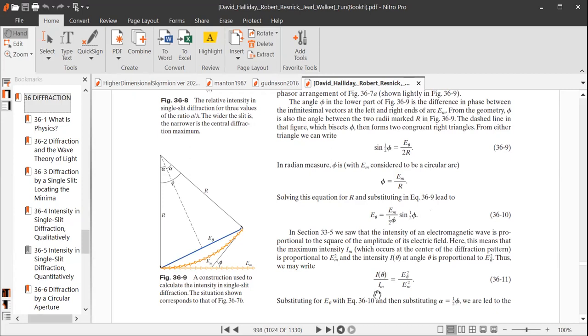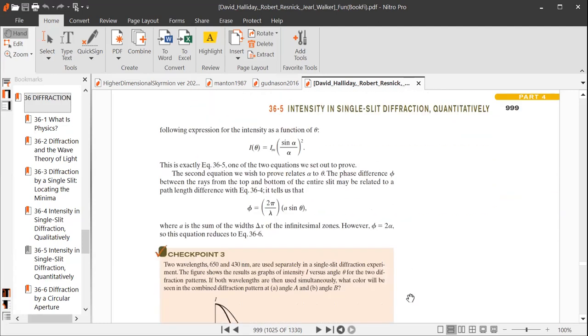So we get equation 36-11, where I_m is E_m squared. We have also discussed that phi here is 2 pi over lambda times sin theta.